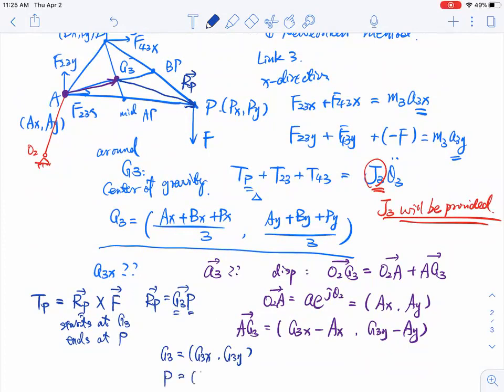You know the coordinate for P is Px and Py. So that means your RP is just the difference between these two coordinates: Px minus G3x, Py minus G3y. Okay, and then your RPx is directly calculated, RPy is directly calculated, and then you can do the cross product thing.